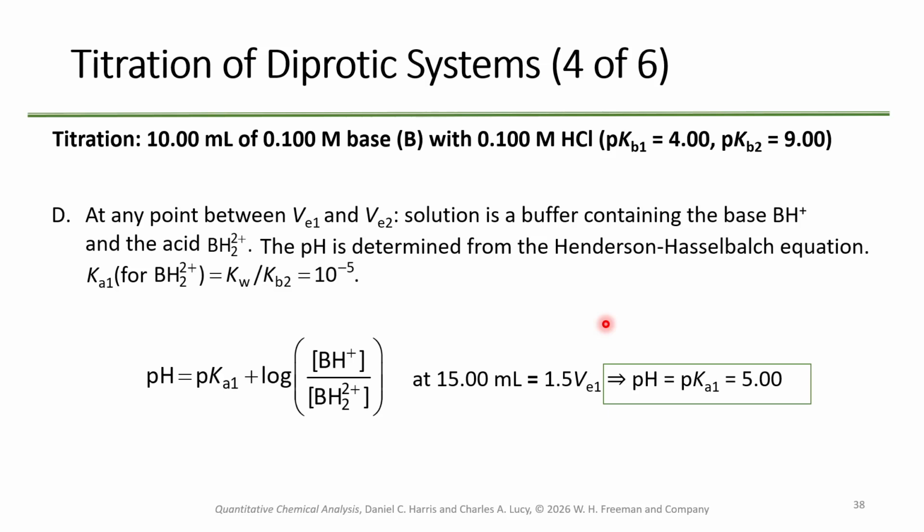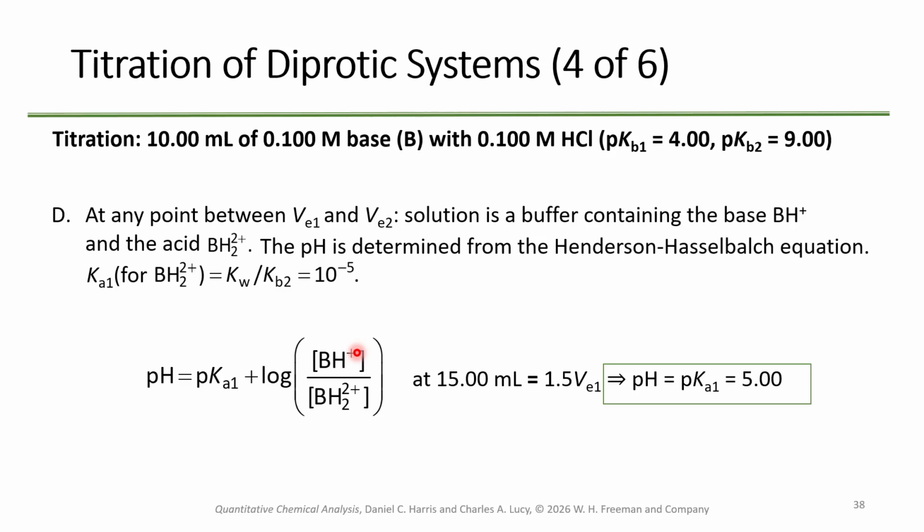Okay. So your pH again, Henderson-Hasselbalch equation. Again, notice that the Ka for the BH2 2+ is going to be the Kw divided by the Kb2, which is that second basic form. So we go ahead and plug that in here, plus the log of the concentration of the more basic form over the more acidic form. Okay?